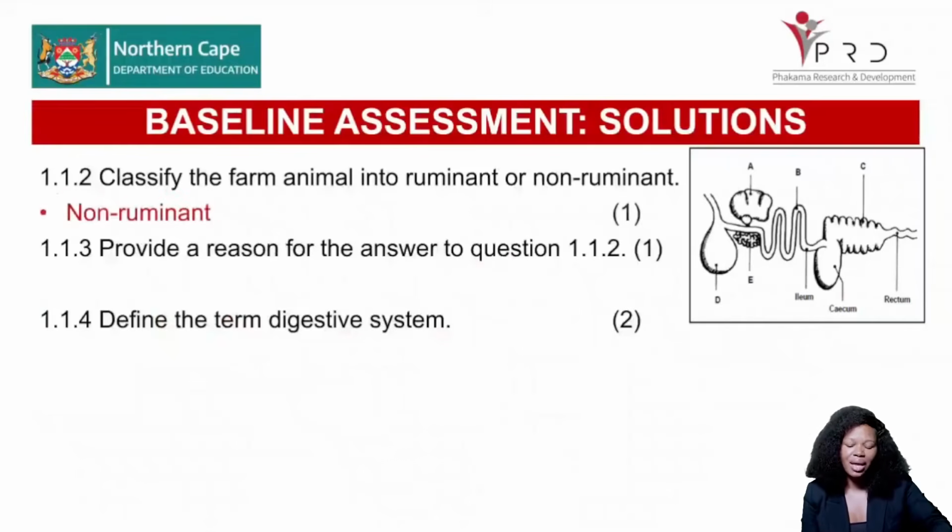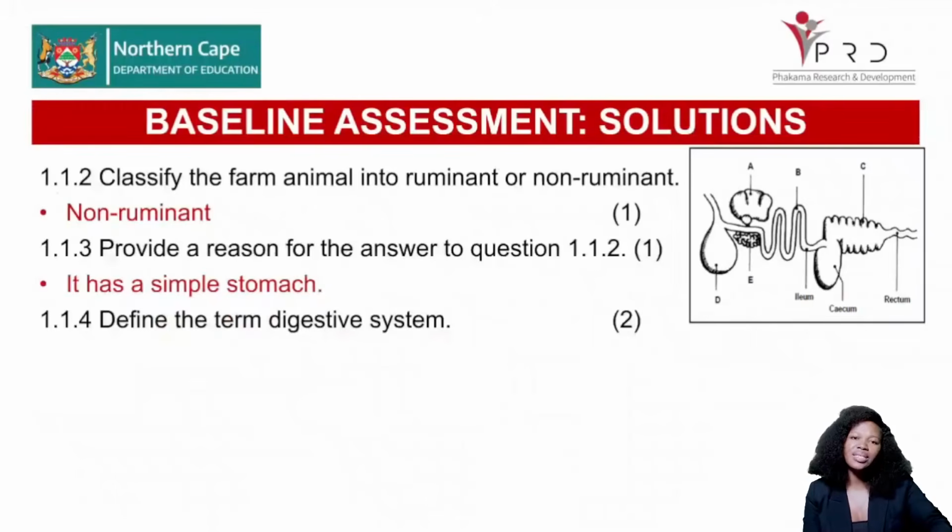This animal is a non-ruminant, or monogastric animal. Now, 1.1.3, provide a reason for the answer to question 1.1.2. The only reason that makes this farm animal a non-ruminant is that it has a simple stomach. Only non-ruminants have a simple stomach, for 1 mark.